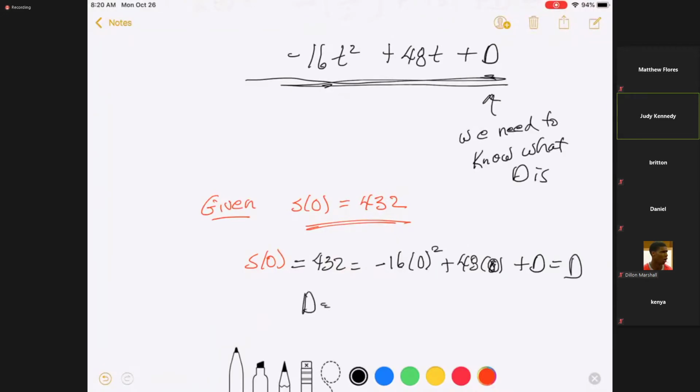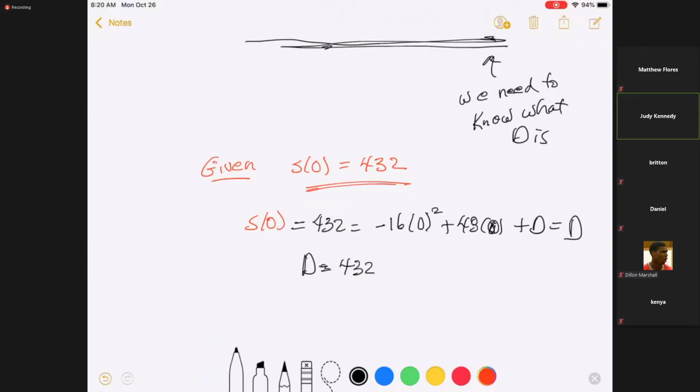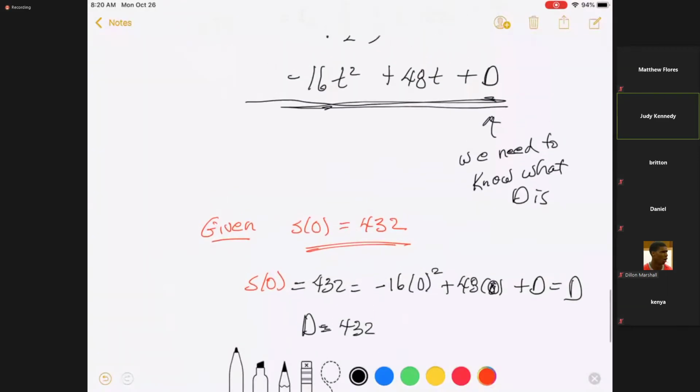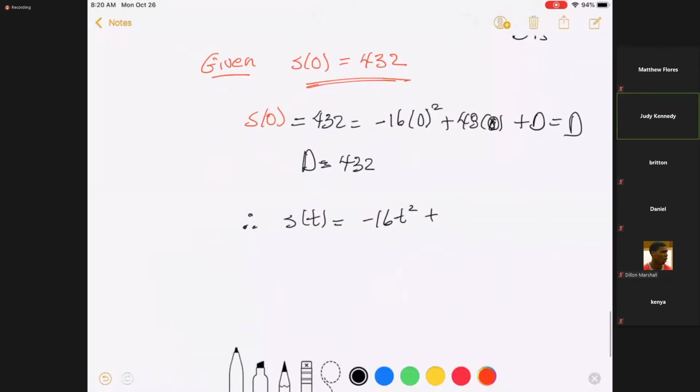D is 432. And that says I've completely determined my height function. S of t is minus 16t squared plus 48t plus 432. Any questions so far?